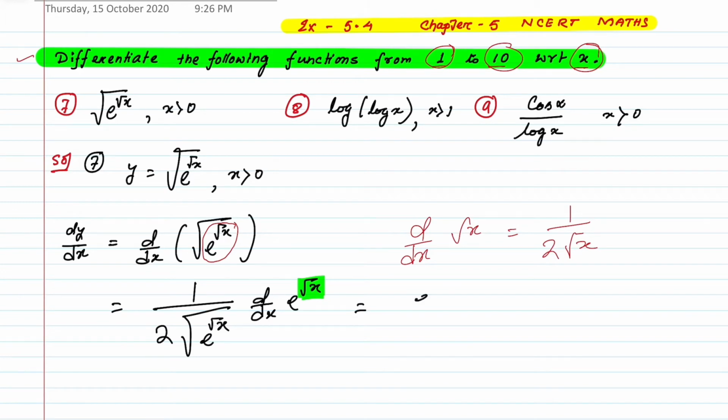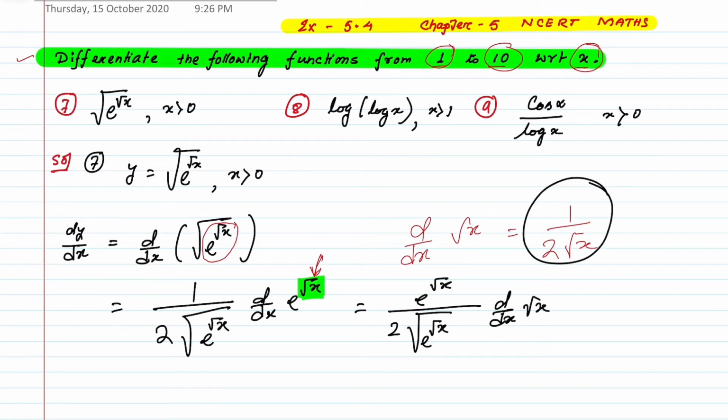So here we will get again e to the power root x, then 2 root over e to the power root x. Then again you have to differentiate this function, as it is not only x, it is root x. We know the derivative of root x is 1 by 2 root x. So if you put this, you get e to the power root x by 2 into root e to the power x, then again 1 by 2 root x.